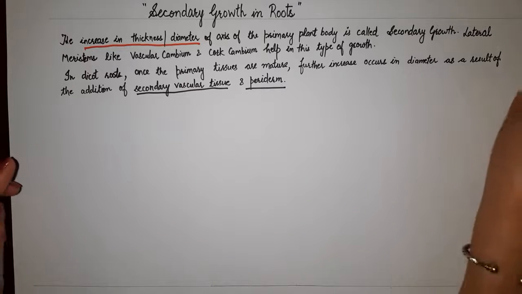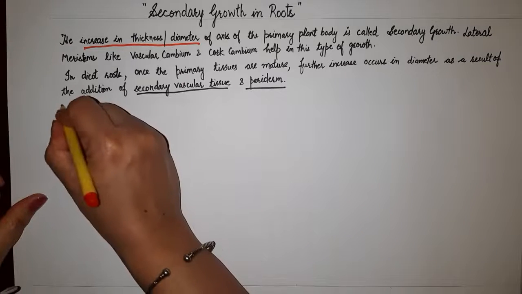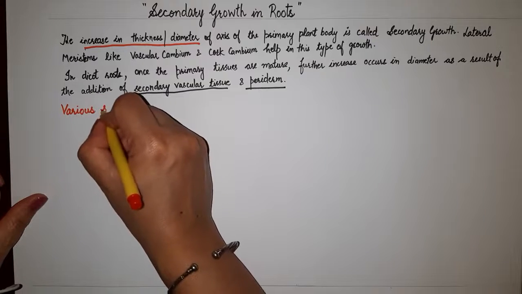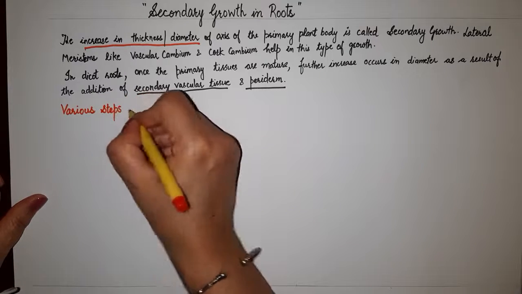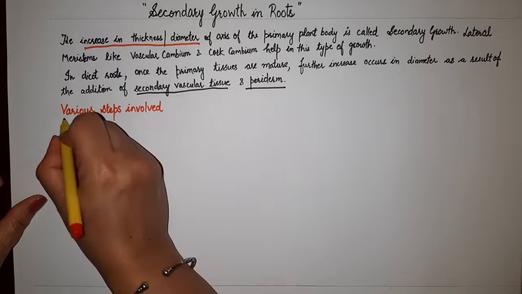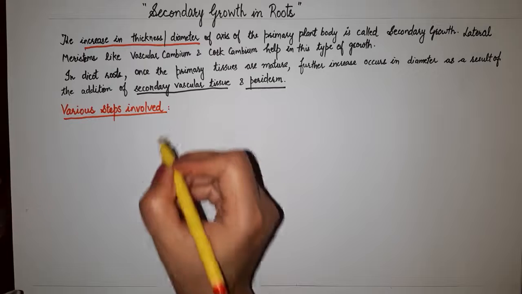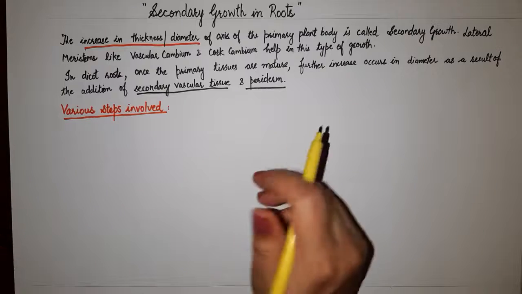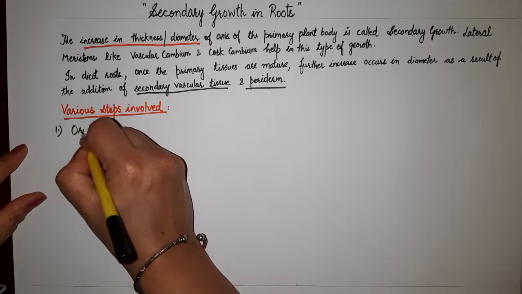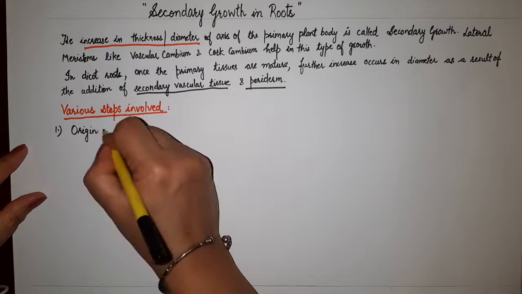Now, what are the various steps involved in secondary growth of roots? The first step is origin of vascular cambium.